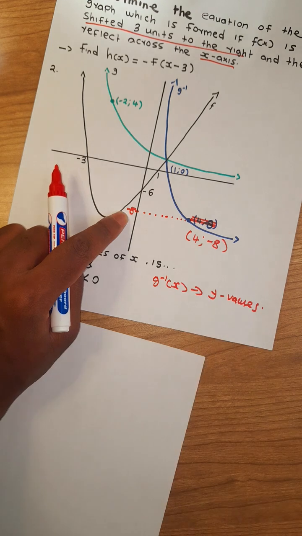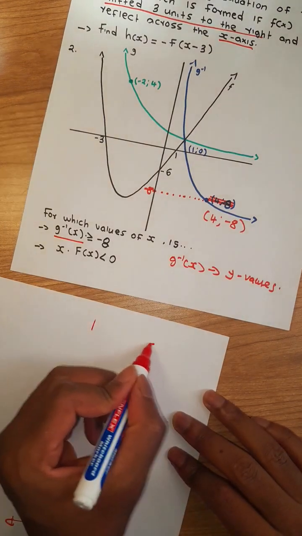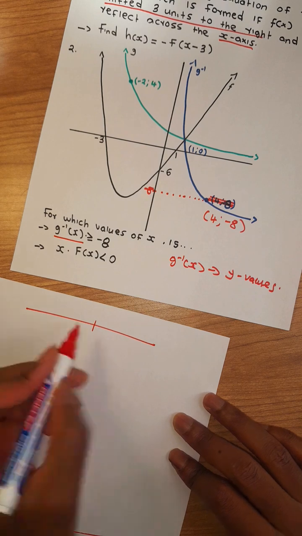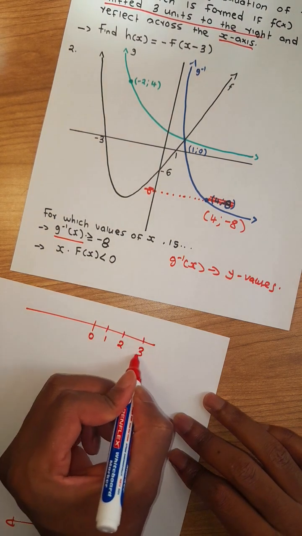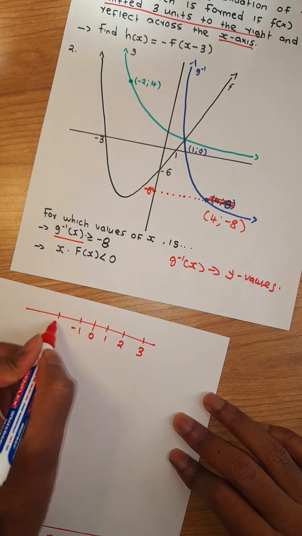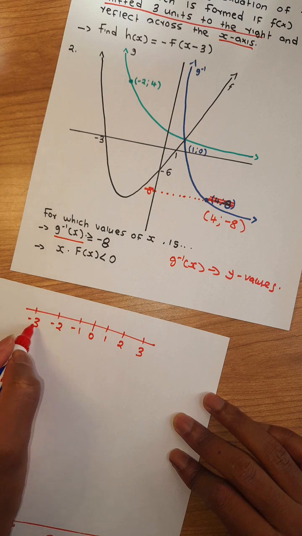Okay, I want to ask you guys a wonderful question, and I want us to be fair about this. Let's say, for argument's sake, I draw a number line. This is 0, this is 1, this is 2, and this is 3. Then -1, -2, and -3.